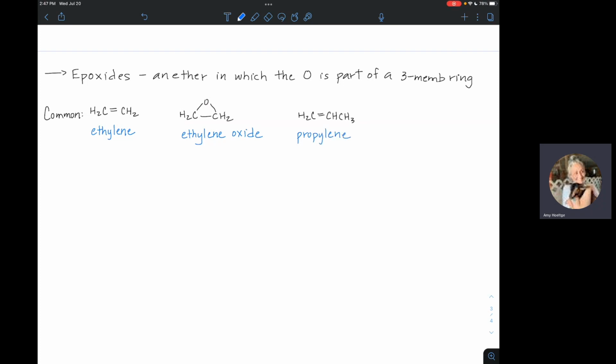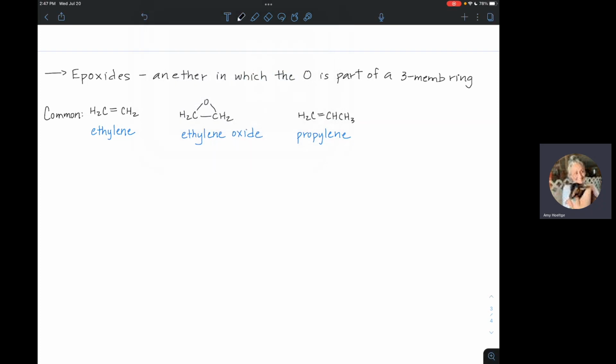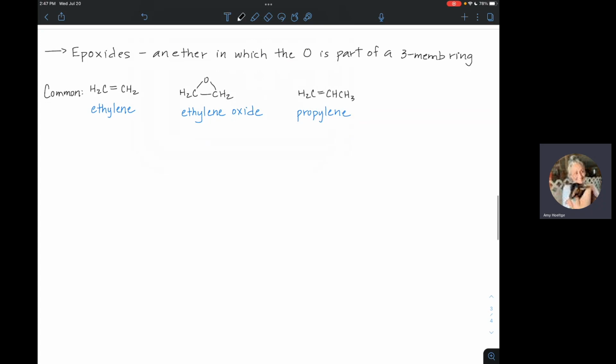Remember, this is common nomenclature. That would be propene if it was IUPAC, but it's propylene because it's common. Remember, we name the alkyl group, and then we stick the suffix for the functionality on the end. This would be propylene oxide.